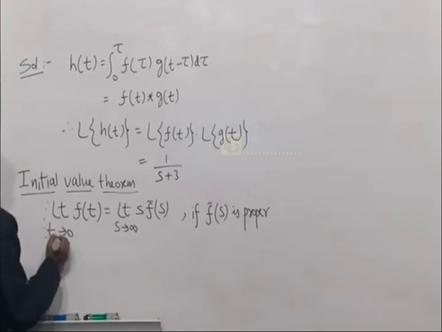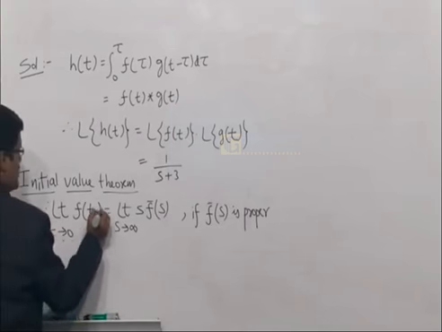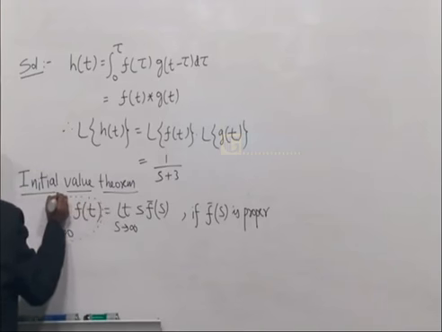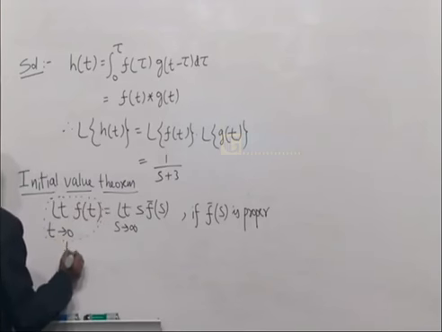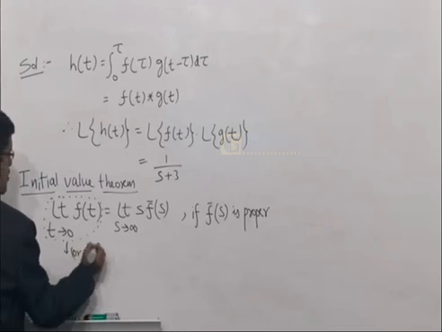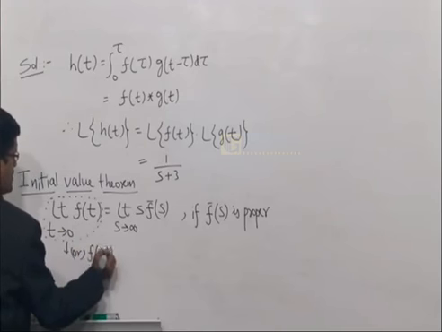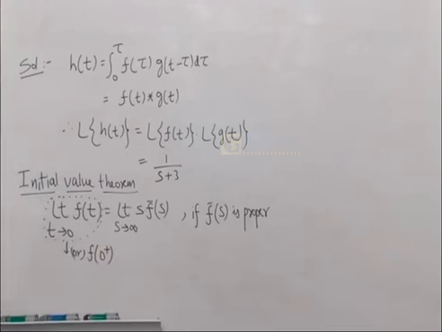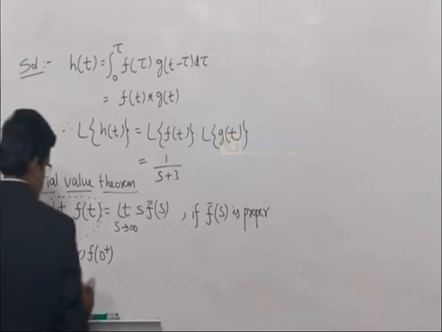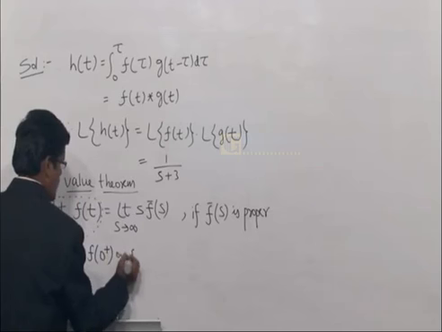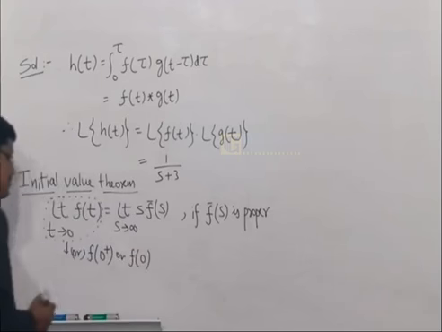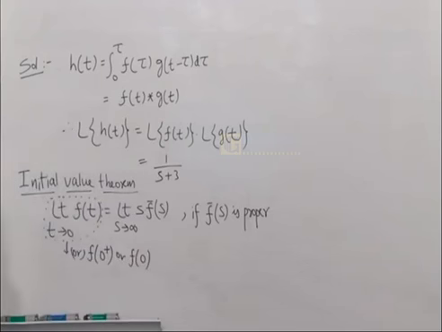Instead of asking this initial value of f of t, that is f of 0, this is also denoted by f of 0 plus, or f of 0 for t greater than or equal to 0.